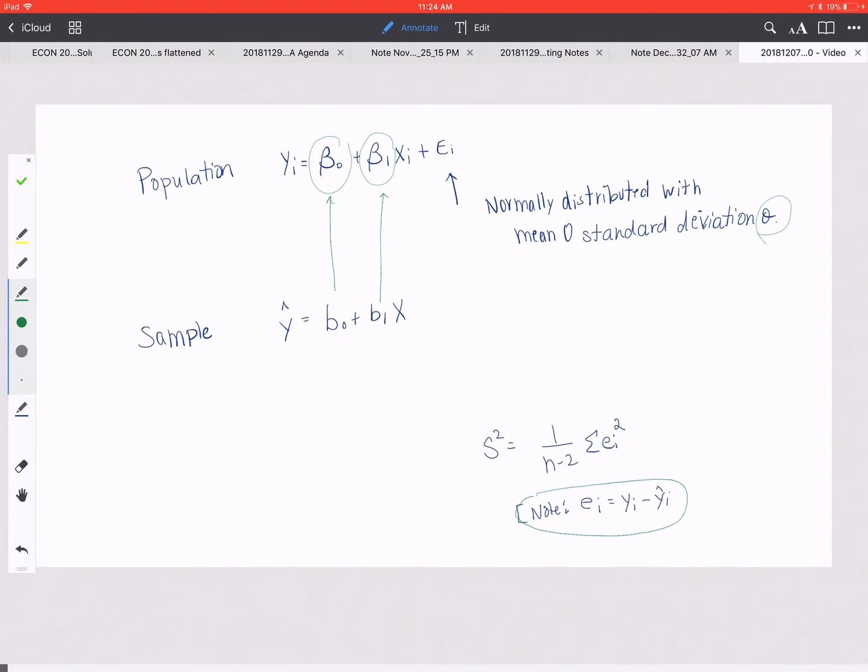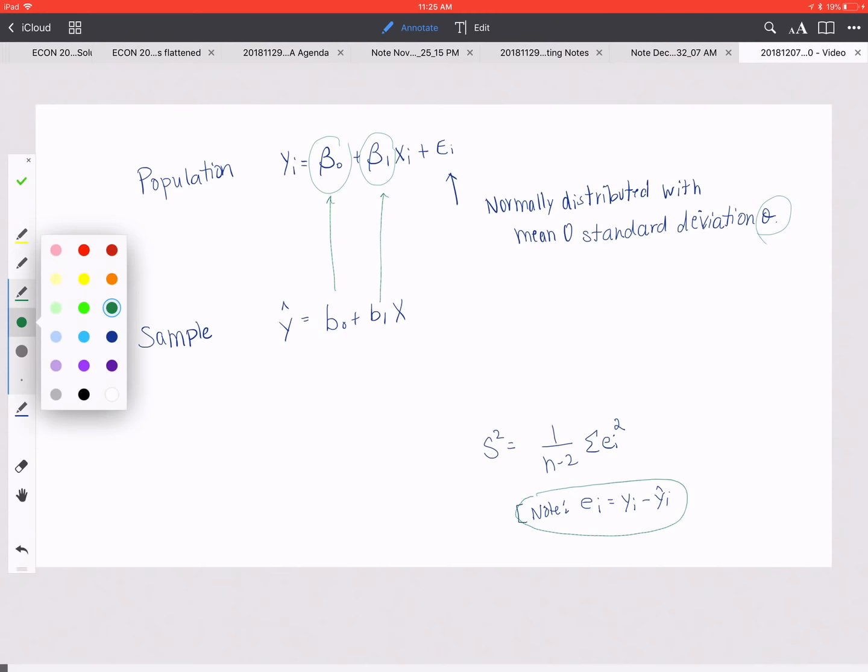In order to calculate an estimate for the standard deviation, we take each of these residuals, square them, add them up, and divide by n minus 2. This gives us s squared. If we take the square root of s squared, it is the standard deviation estimate.